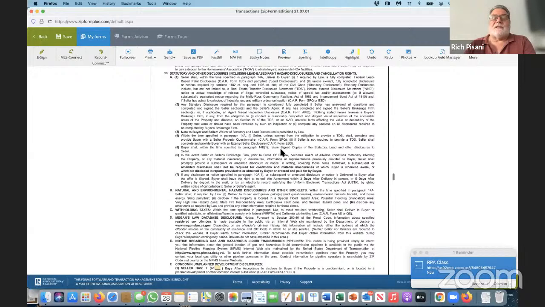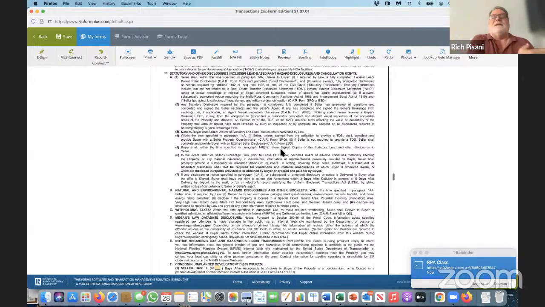A transfer disclosure statement. Now, if it's a probate or if it's a trust, but here's the caveat to the trust, it has to be a surviving trustee, meaning the individual who is the trustee passed away and it moved to a surviving trustee who hasn't lived in the property.